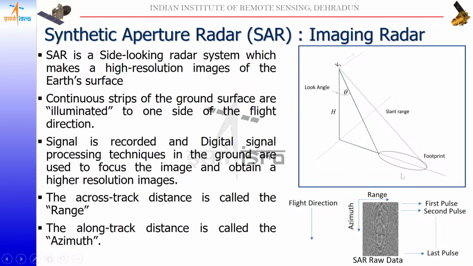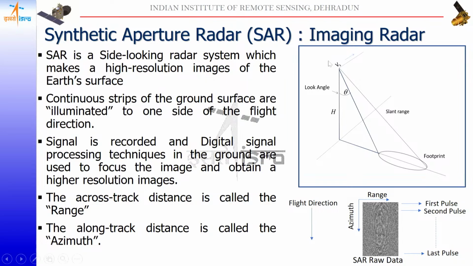So in the case of synthetic aperture radar, it will actually transmit some pulses. So first pulse, second pulse, third pulse, and in this way the data is gathered. It is like, we can say, normally in optical, a push broom scanning.